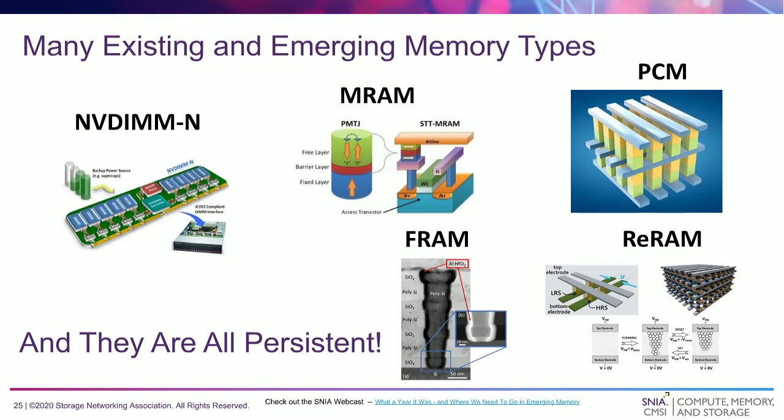There are other NVDIMM standards out there that have been superseded by NVDIMM-N or that will supersede NVDIMM-N long term as the NVDIMM JEDEC standard moves along. And there's also a variety of other great technologies out there: MRAM, FRAM, PCM.